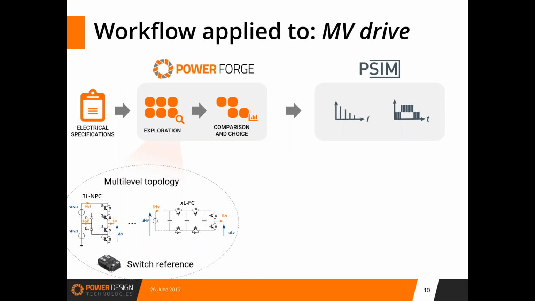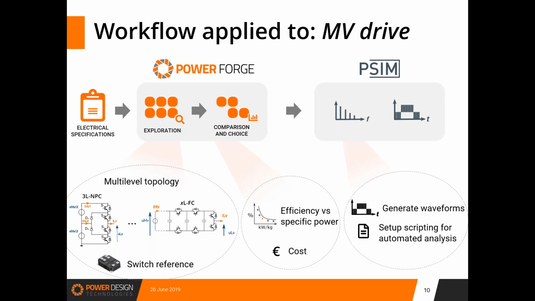First, with PowerForge, we are going to benchmark different multi-level topologies and see the influence on the current THD, but we are also going to benchmark different power switch references and see the influence on the efficiency versus specific power and also the cost. Then with PSIM, Albert will show you how to generate waveforms and check power switch losses, for example, and he will also show you an example of setting up scripting for an automated analysis with a parameter variation.